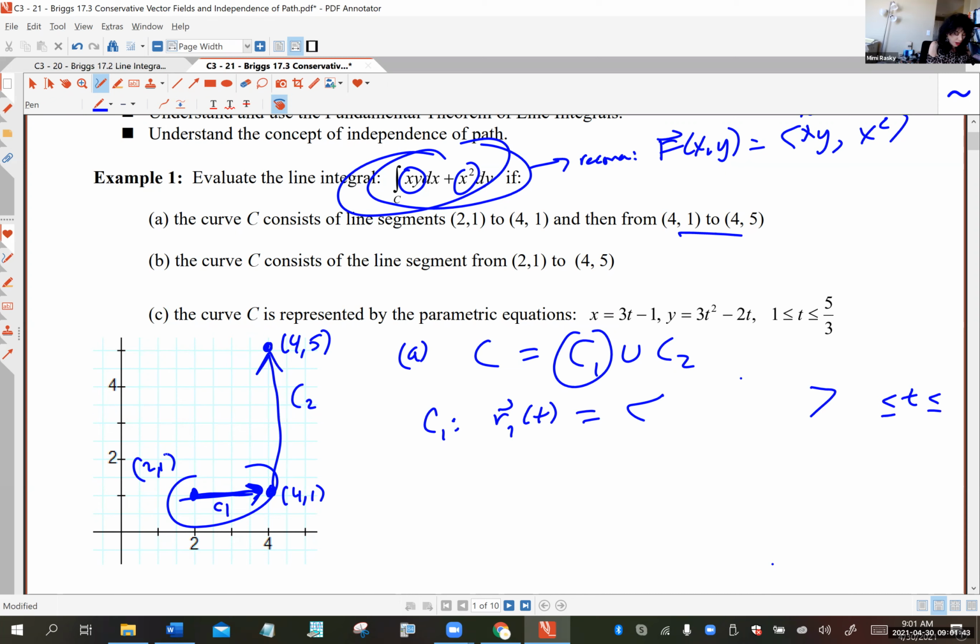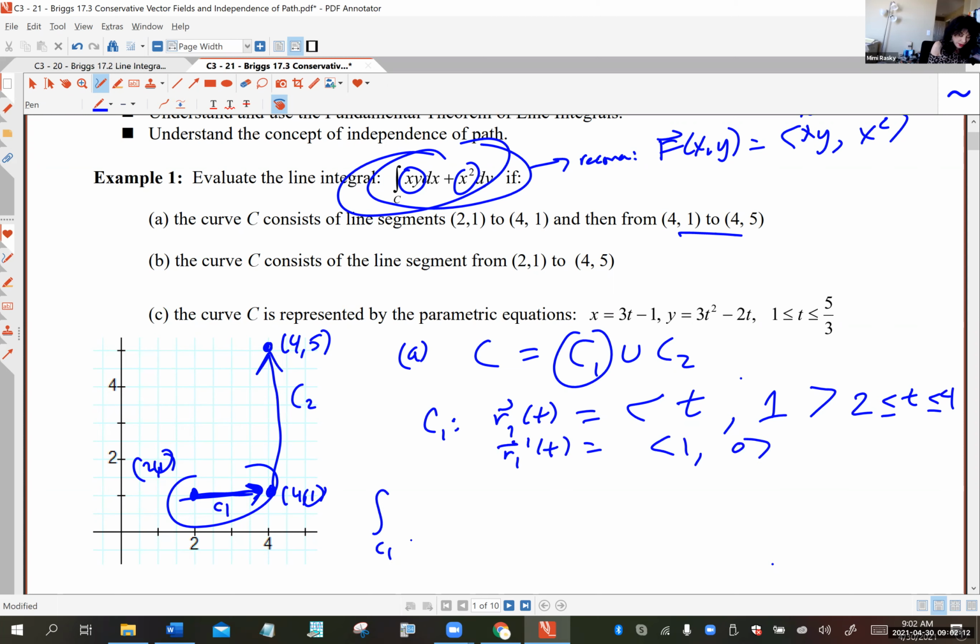This is a straight line, so you can get the direction vector, but I'll bootstrap it. The y coordinate stays constant the whole time, and x is the one that's varying between 2 and 4. So I'll have my time begin and end at 2 and 4 respectively, and R1 prime is just the constant vector (1, 0).